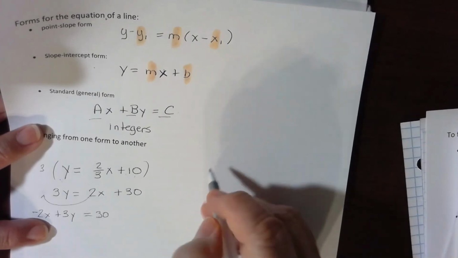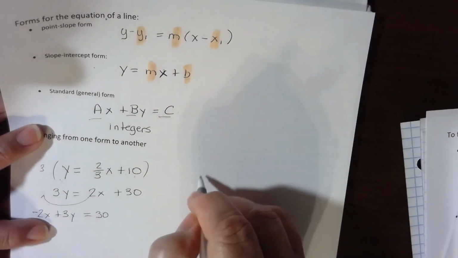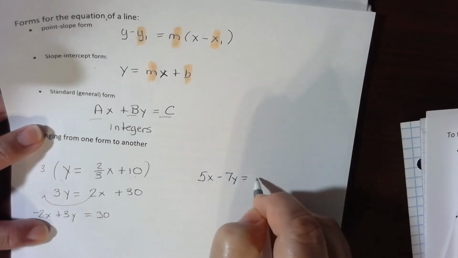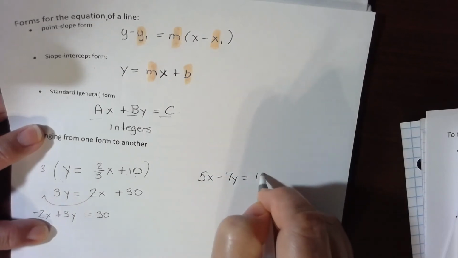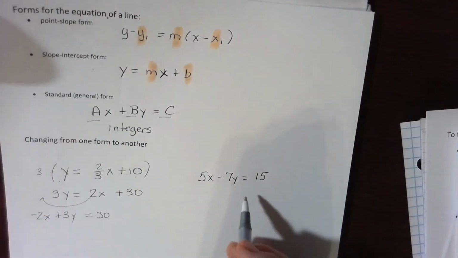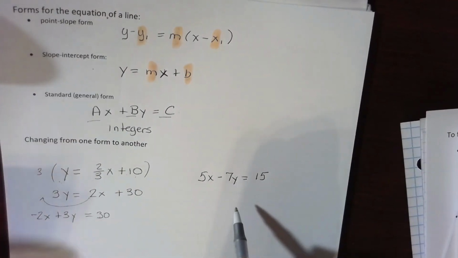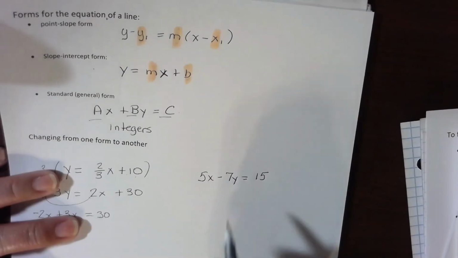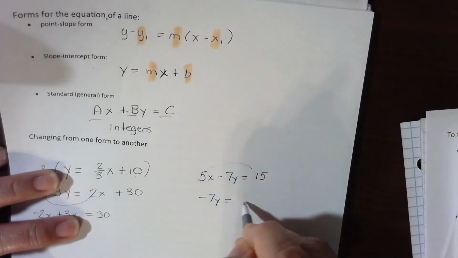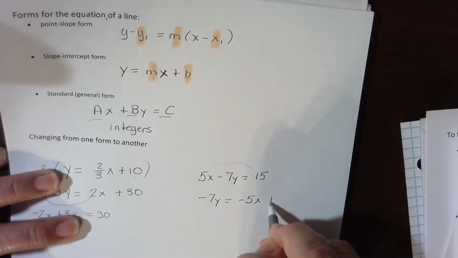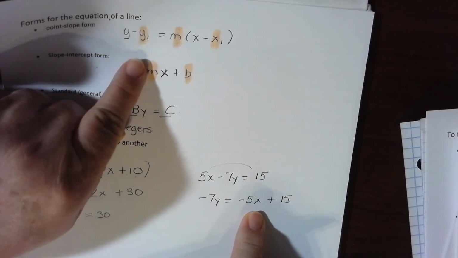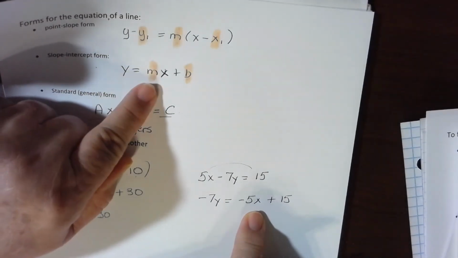Now, suppose you're given it in standard: 5x minus 7y equals 15. Well, that is standard. To get the slope-intercept, you've got to solve for y. So I'm going to subtract the 5x, and I'm going to put it first before the 15 because my slope-intercept form is y equals mx.